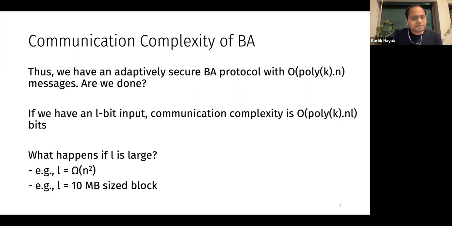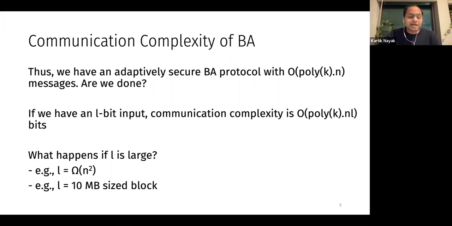What happens if your input size L is large, for example, L is omega n squared? If you're thinking of it in a blockchain sense, your L is your block size, and if it is a large block, a 10 megabyte size block, then this multiplicative overhead of n times poly kappa can actually be very large.